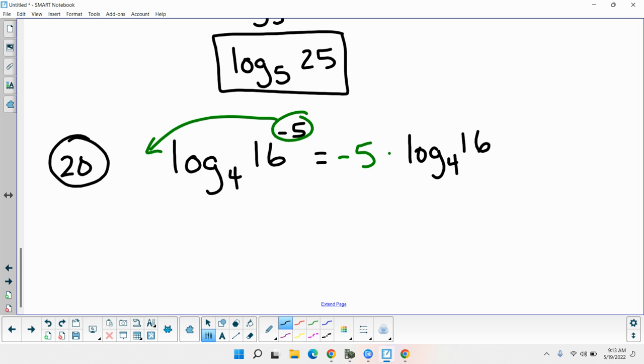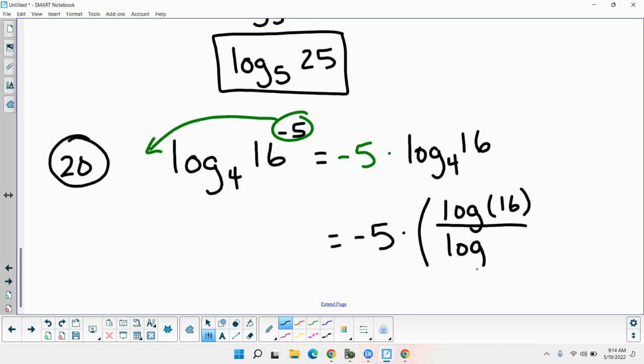Okay? There was a rule we had learned called the change of base formula that says I can put all this in my calculator. So it's negative 5 times log, and when you hit log, it gives you that parenthesis. So close it up.